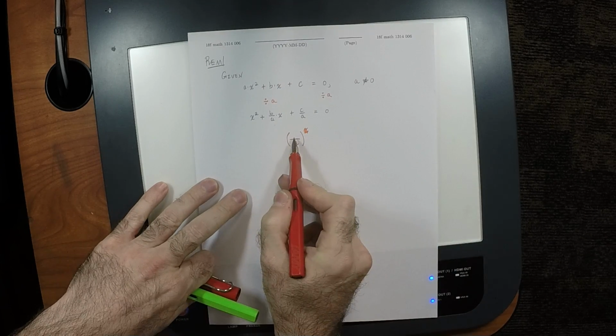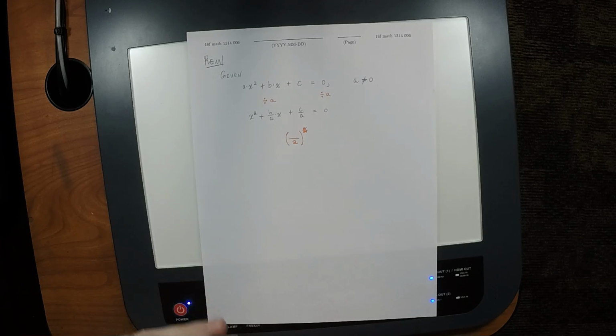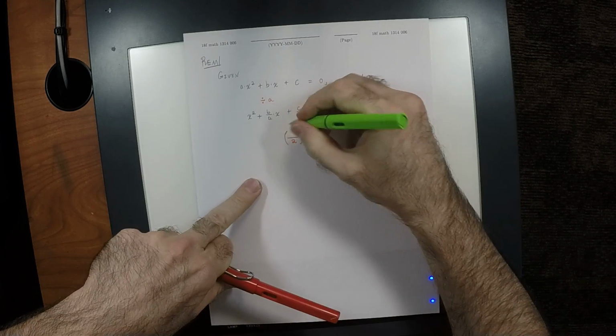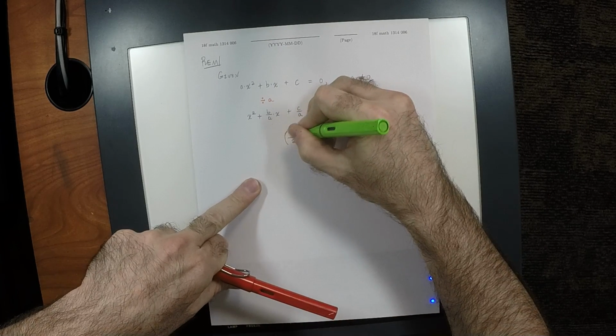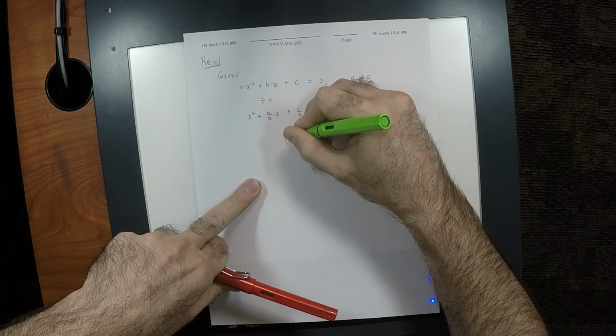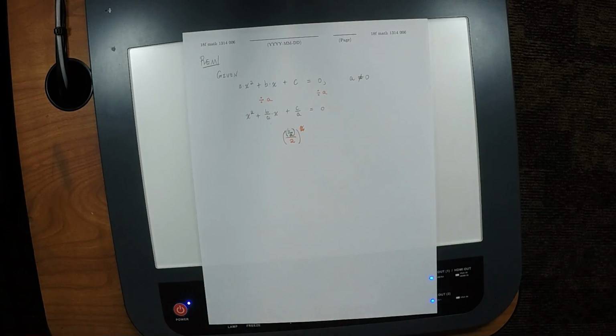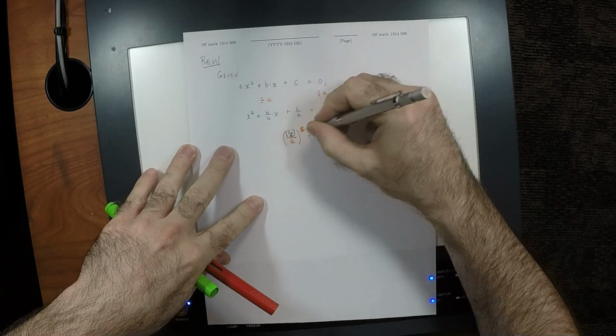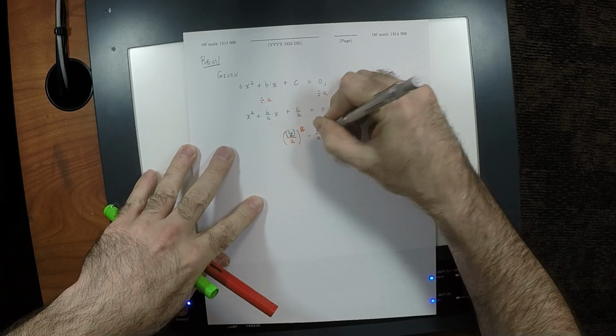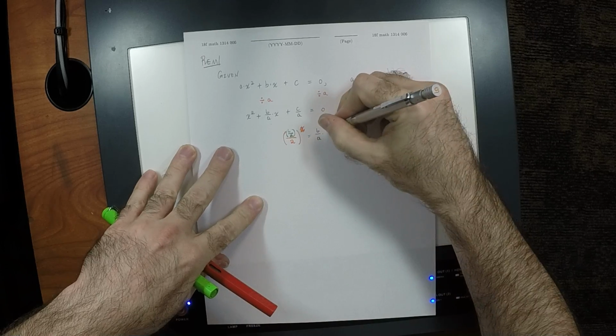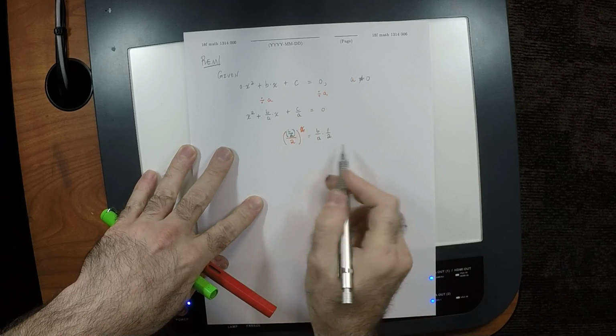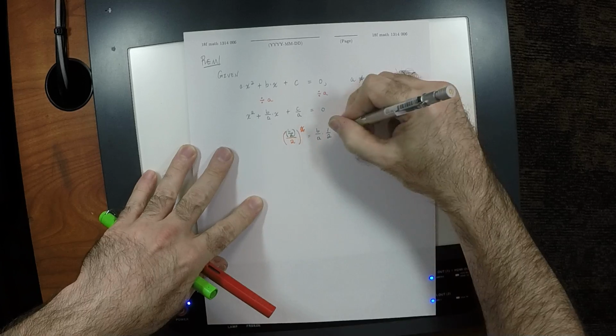What do I put in there? b over a, right? Like that. Now I want to simplify b over a over 2. That would be b over a, and then instead of dividing by 2, I'll multiply by a half. And how does that simplify? b over 2a.